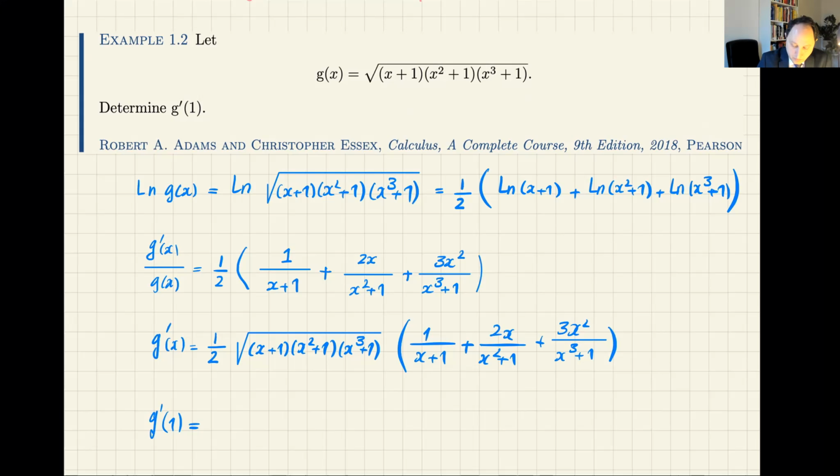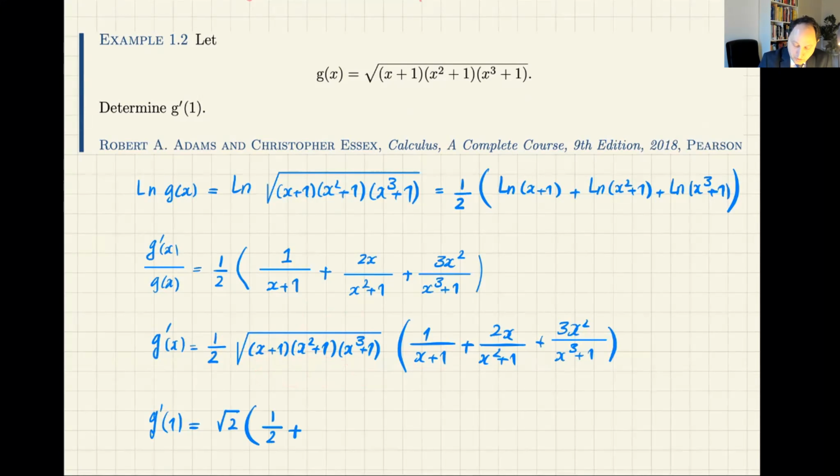So let me do most of it in my head. If I put 1 here, this becomes 2, this becomes 2, this becomes 2. If I multiply them, it becomes the square root of 8, which is 2 square root of 2. This 2 and that 2 cancel, so I have a square root of 2 multiplied by the bracket. If I put 1 here, it becomes 1/2.